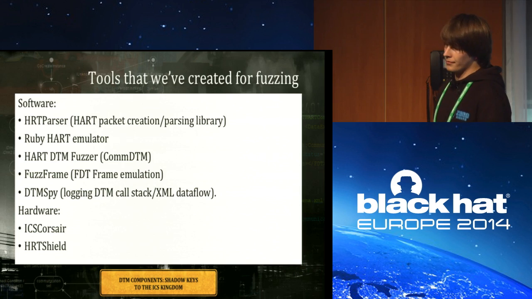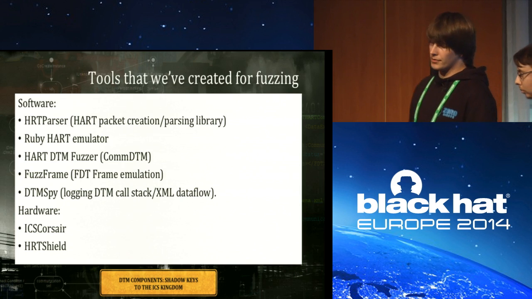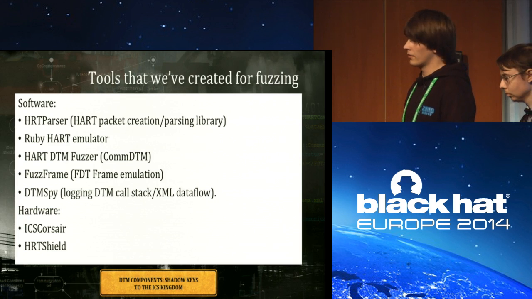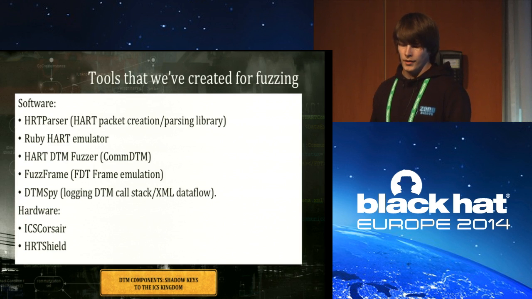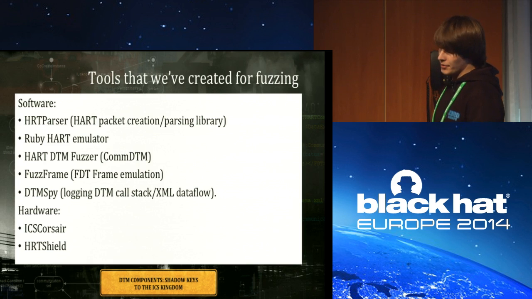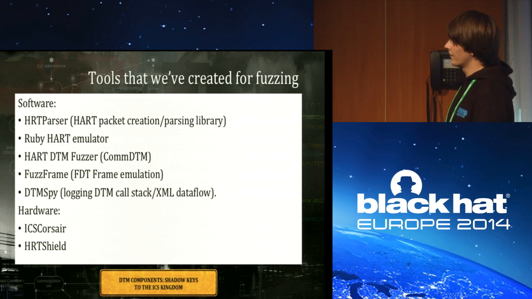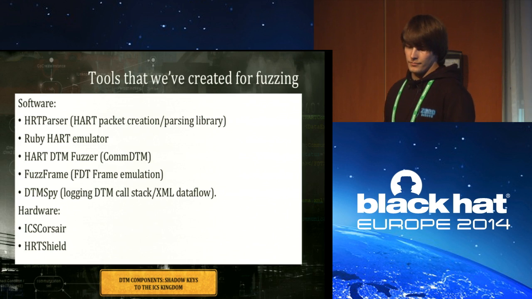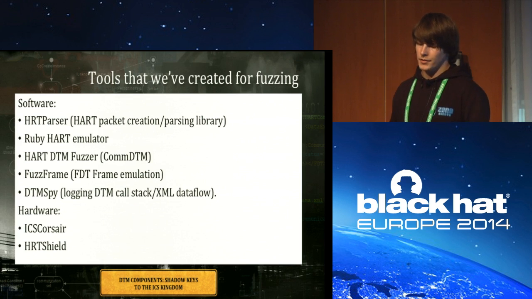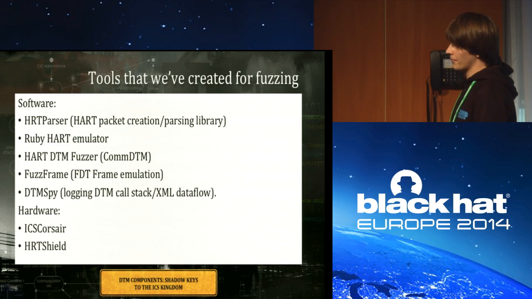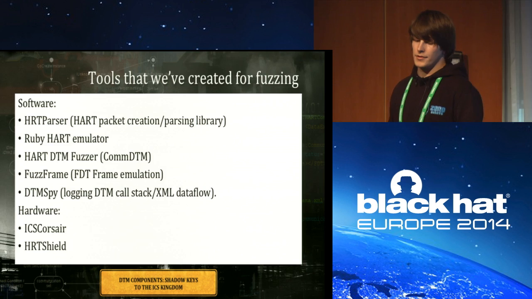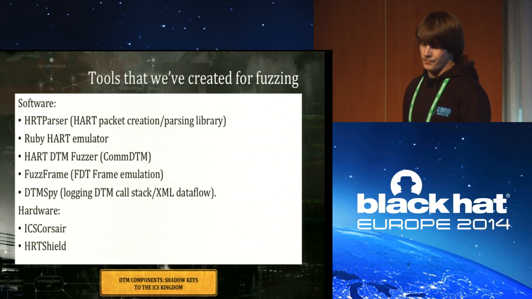Here is the software and hardware toolkit that we used in our research. First is HART parser, our own written dissector library for the HART protocol. Second is HART emulator, a Ruby-written, very flexible HART packet generator that uses the first one, HART parser.